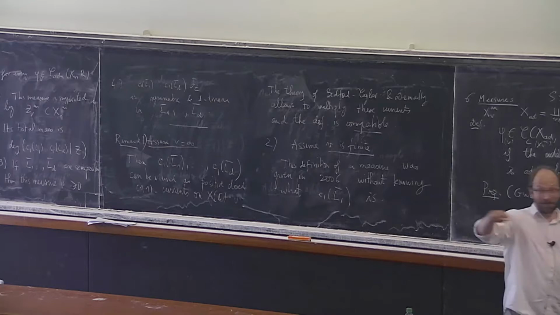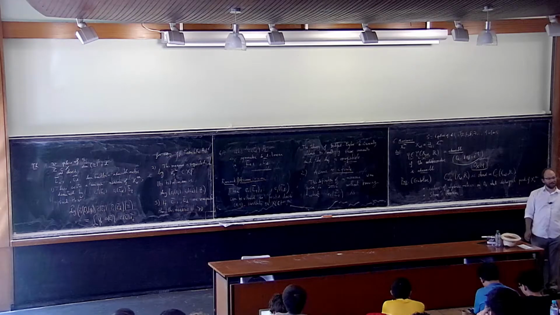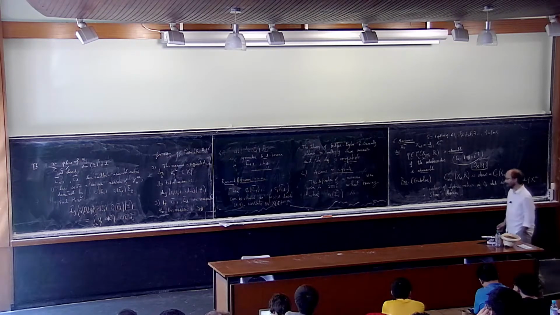I had written a long name for a single object, and at that time I had no clue at all about what C1 of L1 bar, ..., C1 of LG bar could be.